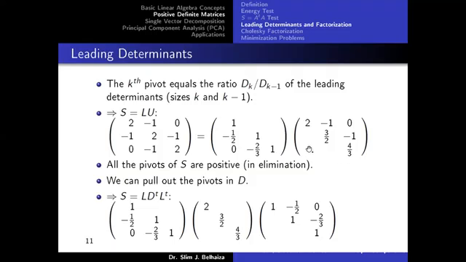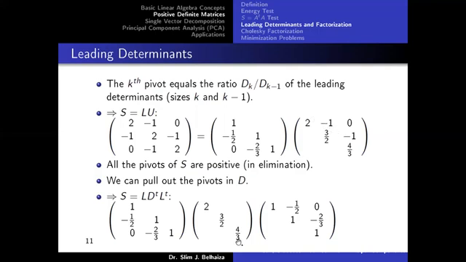So some guy got the idea to perform a factorization based on this: Cholesky. Cholesky proposed the Cholesky factorization, where, based on the fact that the matrix is positive definite, he pulls out the leading determinants, their ratios.